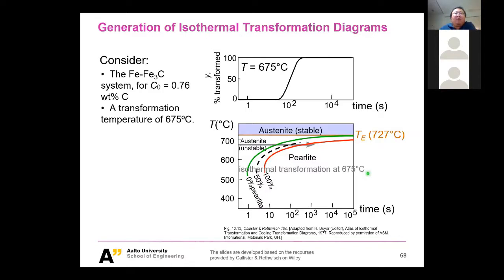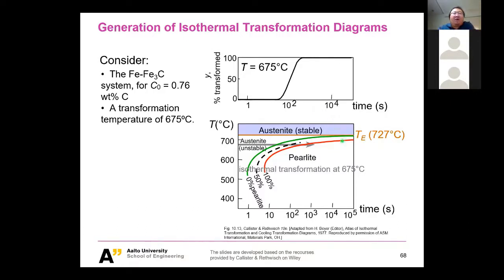We don't want to always look at thousands of such diagrams. So for each temperature, you can draw a transformation diagram, right? Then you look up into the diagram. Okay, for this temperature, I need this time to get this amount of transformation. So we want to use a rather simpler way to do this.